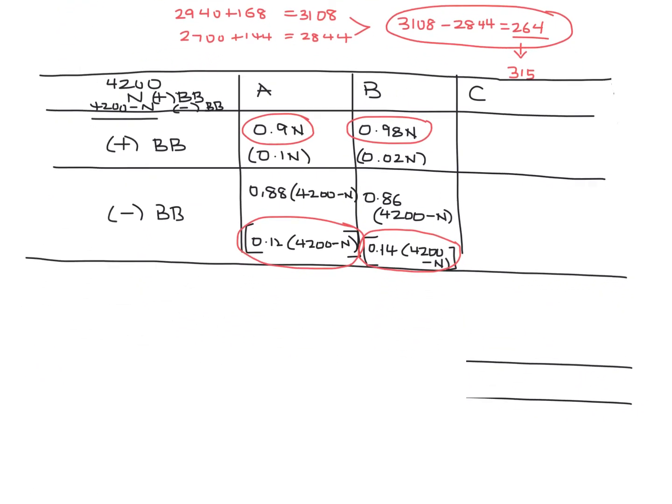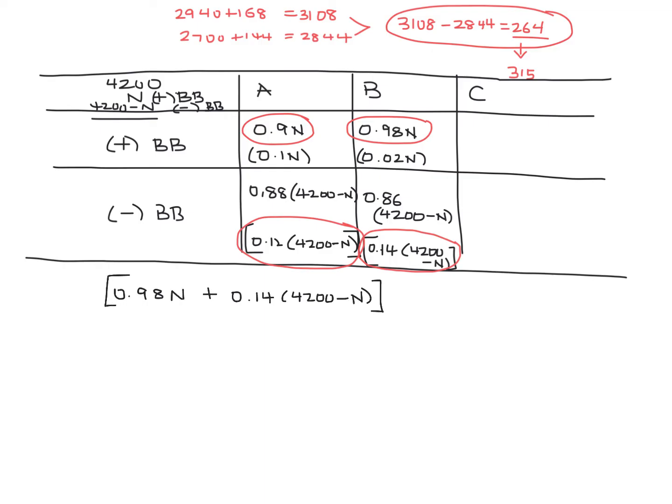So it's basically this 0.98 N plus that 0.14 times 4,200 minus N, this whole thing, which I think was represented by those two numbers.